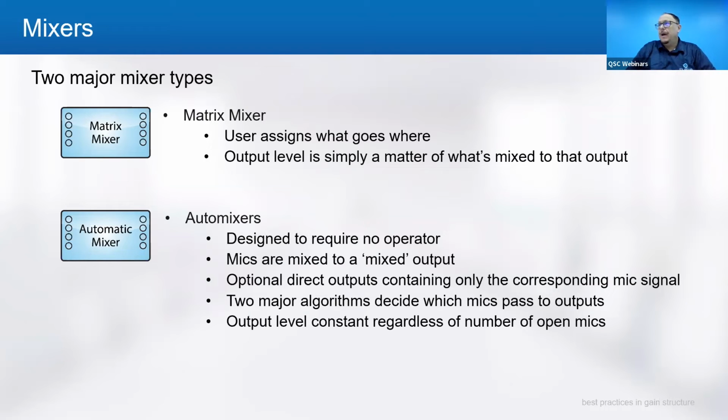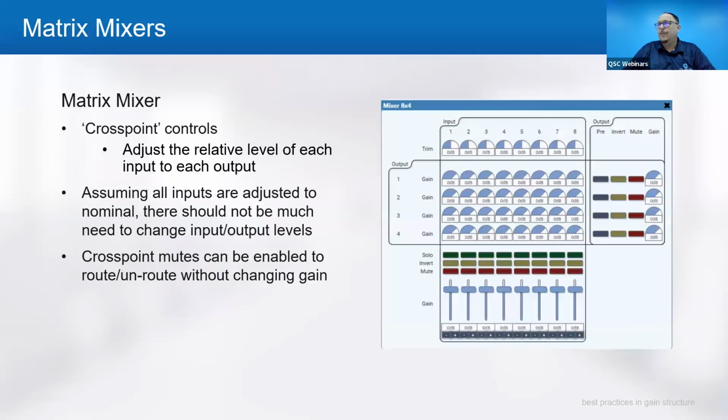Let's talk briefly about the matrix mixer. It has cross-point controls that allow you to adjust the relative gain, assuming that all inputs are adjusted to nominal. This is a key error: it's the first thing I will open up if someone sends me a file, the matrix mixer that's mixing the gated mics together and the program level and all that.